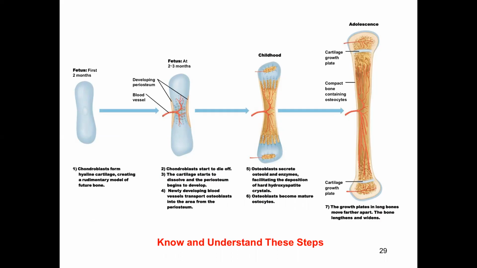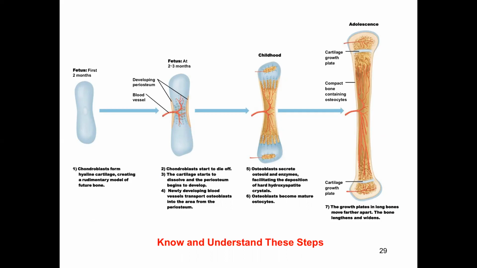Interstitial growth is increasing length, and appositional growth is increasing the thickness of that cartilage, all right? But eventually those chondroblasts are going to start to die off because you've got a poor blood supply, right? Then the cartilage is going to start to dissolve, which sounds counterintuitive, all right? But when that starts to happen, it sends out signals into the body of the fetus, and that's going to stimulate the development of a periosteum.